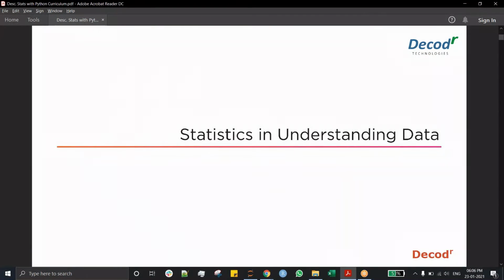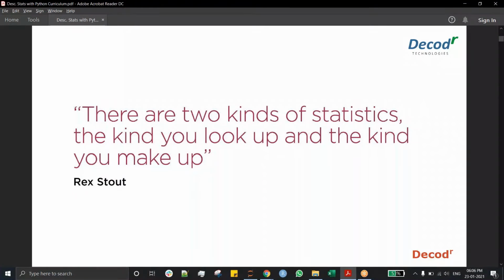Before moving on to the specific descriptive analysis, let us talk about statistics as a whole. There is a very famous quote in statistics: there are two kinds of statistics, the kind you look up and the kind you make up.